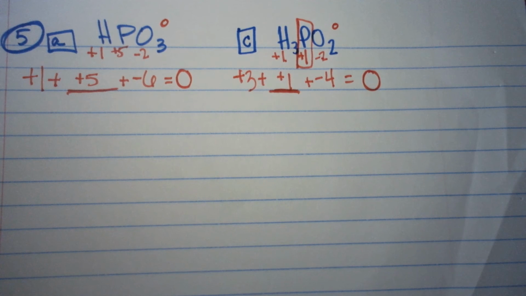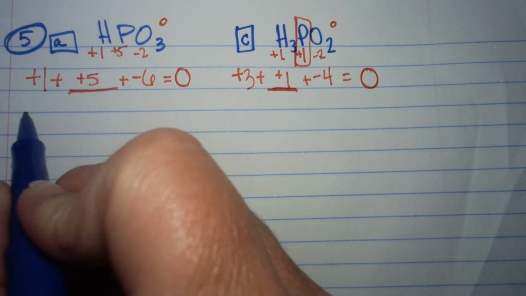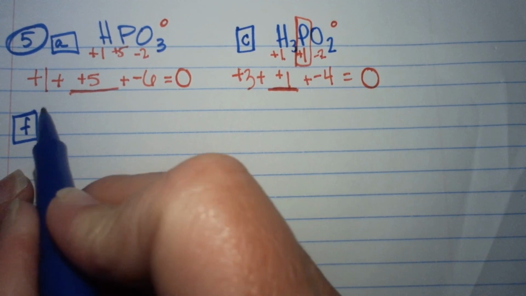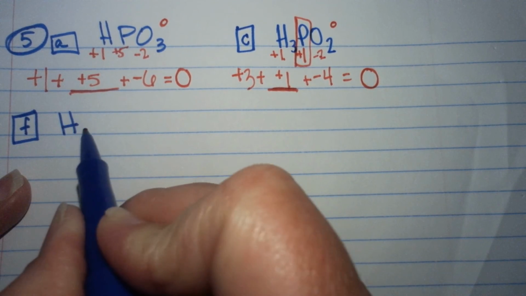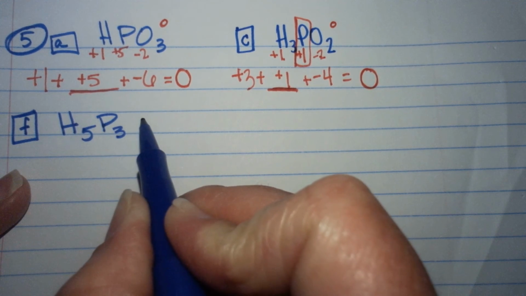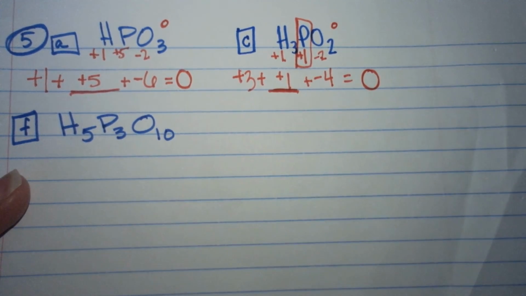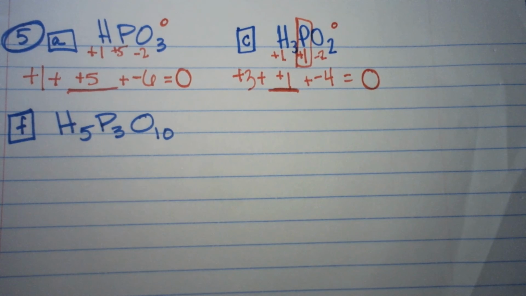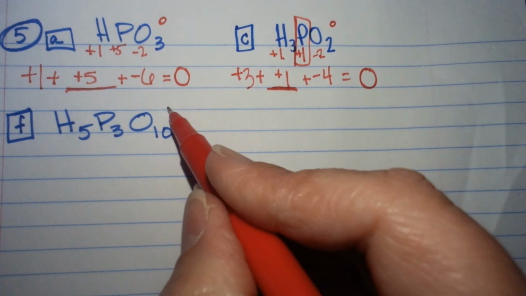I wanted to go through one of these ones with the bigger numbers. Let's go ahead and look at F just because it looks kind of weird. Alright, so we don't have any charge here, so we know that the charge is 0.